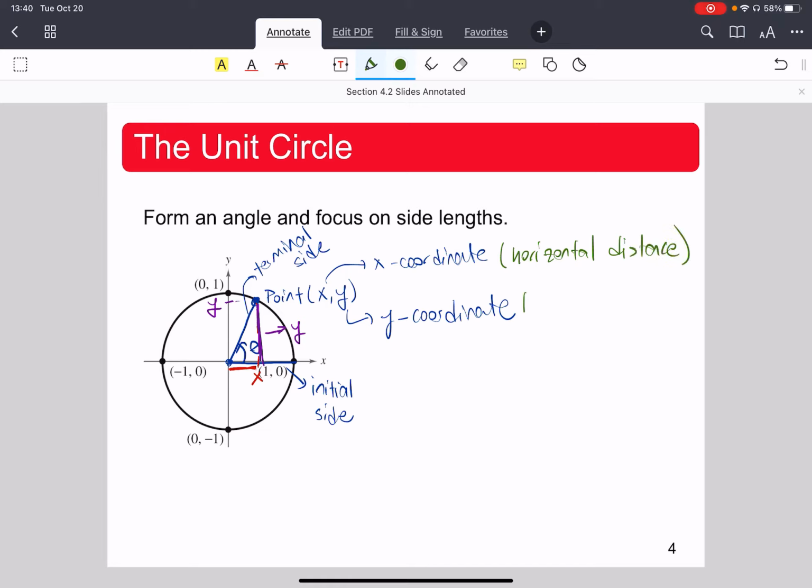And then the y coordinate is going to be my vertical distance. So again, these are all distances from the center, or (0, 0). Using these ideas, I'm going to form the idea of trigonometric functions. I'm going to use x and y and then use that to form trigonometric functions.